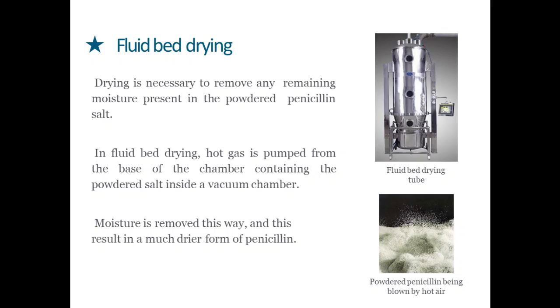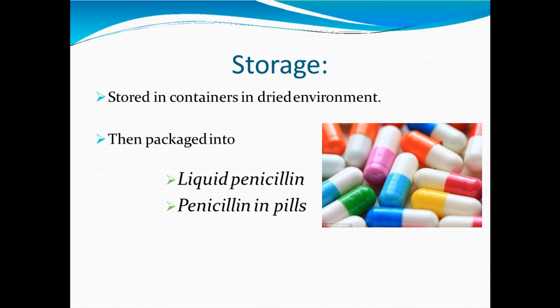When we have this penicillin salt, there might be some moisture still present in the powdered penicillin salt. So we employ a procedure called fluid bed drying, where hot gas is pumped from the base of the chamber containing the powdered salt inside the vacuum chamber, and by this process the moisture is completely removed and we get a dried form of penicillin.